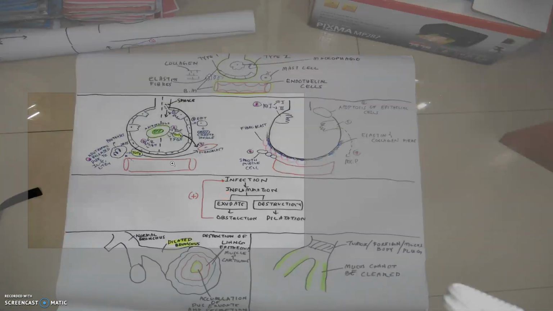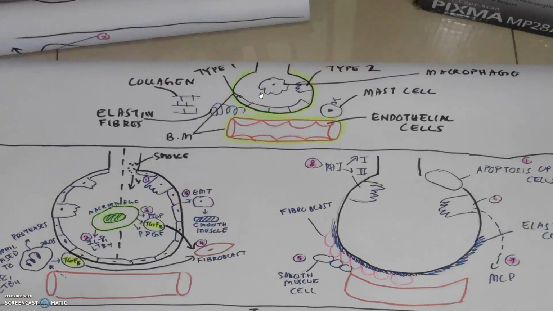As you can see here, I've drawn an alveolus with a blood capillary. In the alveolus, we have type 1 squamous epithelial cells, as well as type 2 cells.